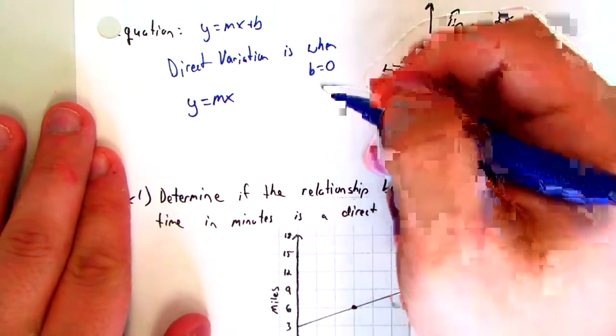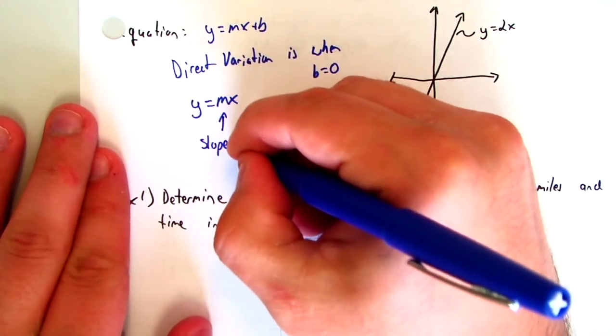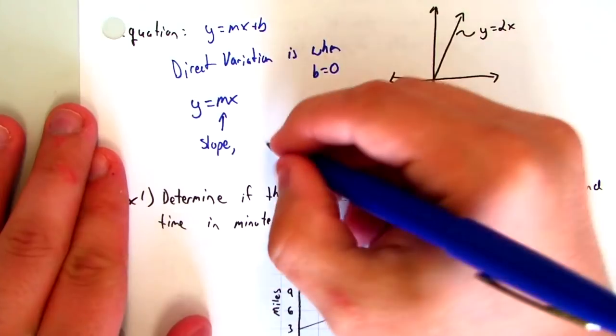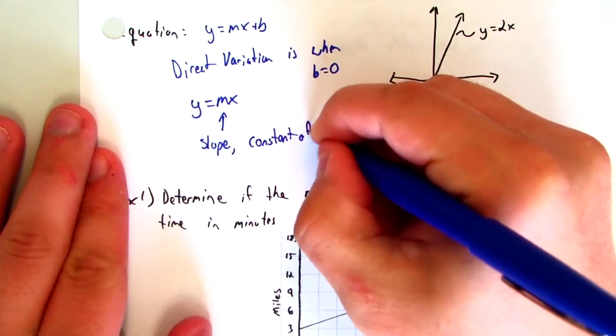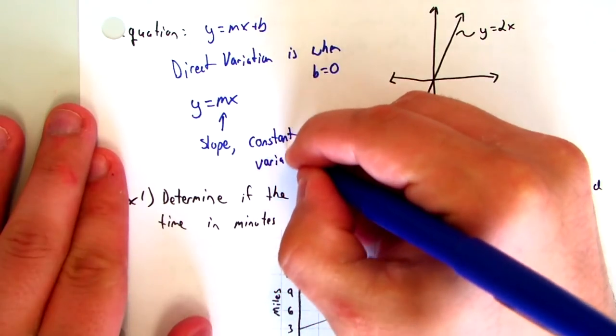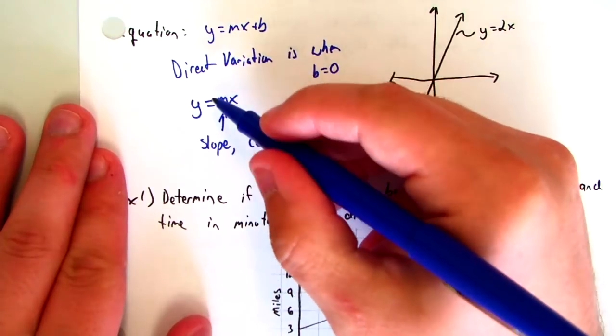Now in this case, this is slope. But when we talk about direct variation, this is also called the constant of variation. What it means is how x and y are related to each other.